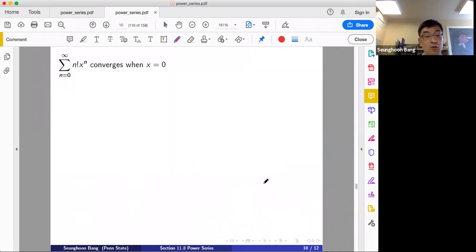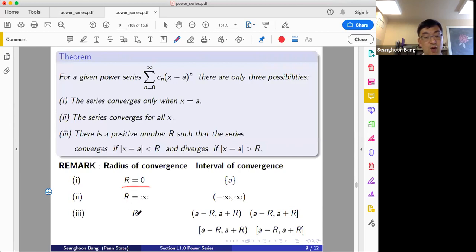Now we go back to our example. This is the first example, and we have this result. In this case, what is the radius of convergence? Could you write your answer on the chat board? Is R equal to 0, infinity, or some finite number?